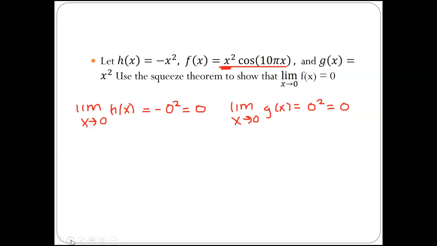And then we can say that the limit as x approaches 0 of f of x is equal to the limit as x approaches 0 of x squared cosine 10 pi x.